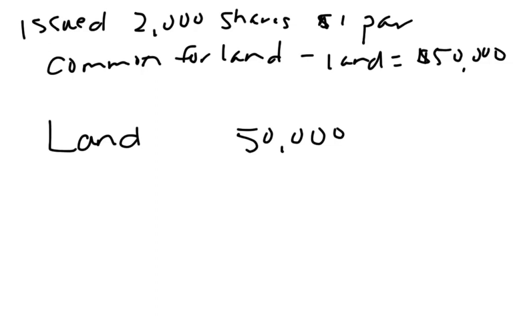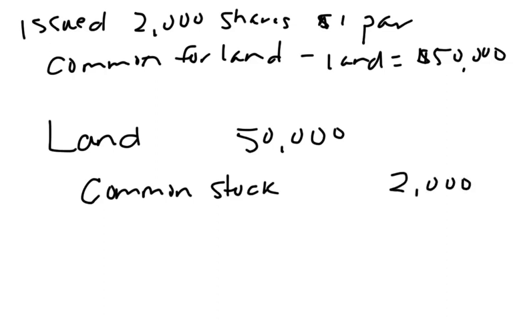Now we issued stock and it was common stock. So we're going to also increase the common stock account. And it has a par. So it's $1 par for 2,000 shares. So that's $2,000 that we're going to increase or credit the common stock account. Now we don't balance. And that's because we exchanged this for a value higher than the par, and that's fine.